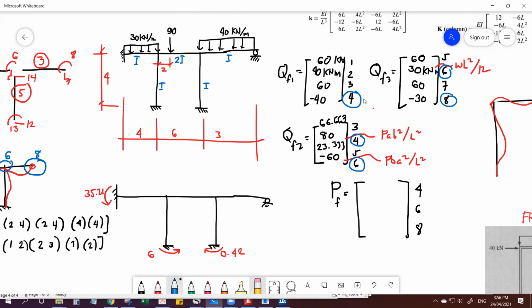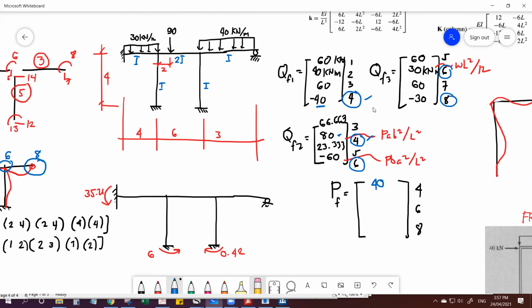So all four, this one and this one, negative 40. Wait, 3, 4. Sorry. Negative 40 plus 80. So negative 40 plus 80. That is positive 40.